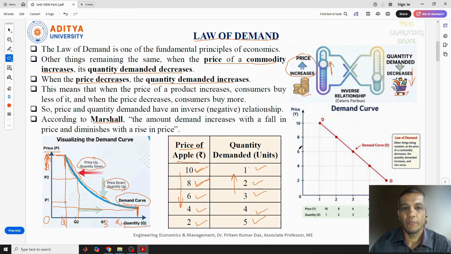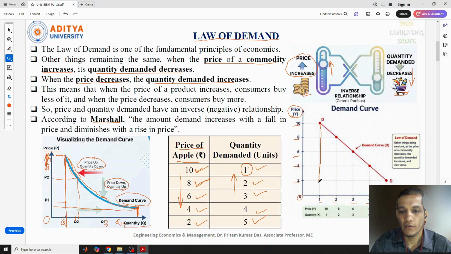The same thing we can plot in a graph. We keep the price on the y-axis and the quantity demanded on the x-axis. We start from 0, with quantity 1, 2, 3, 4, 5, and price 2, 4, 6, 8, 10. When the price of the apple is 10, how many quantity have we demanded? 1. So let's plot it here.